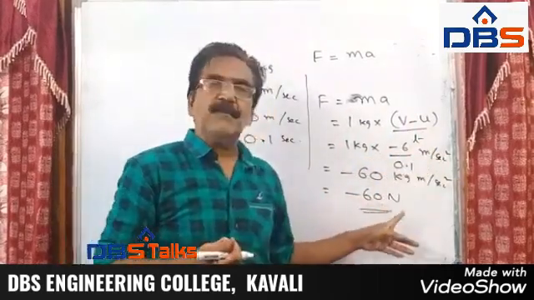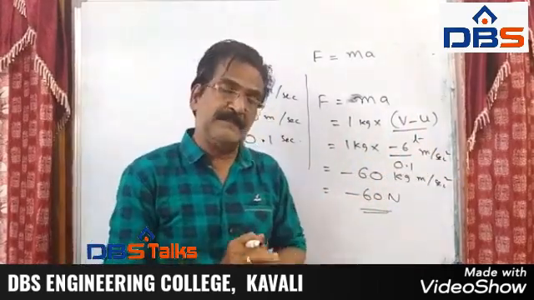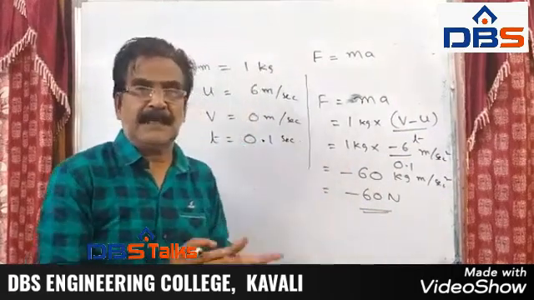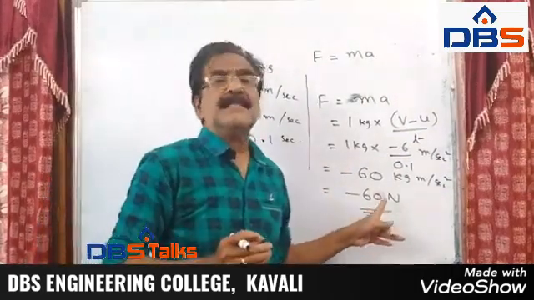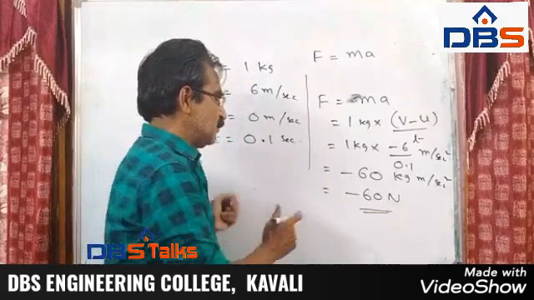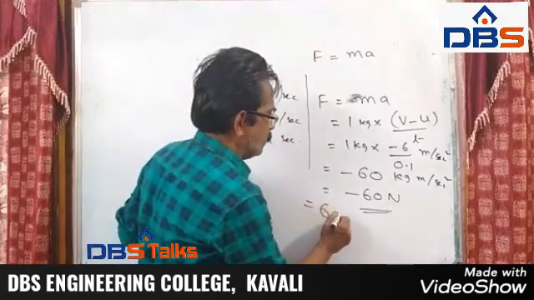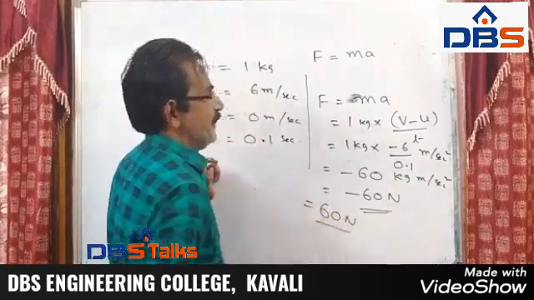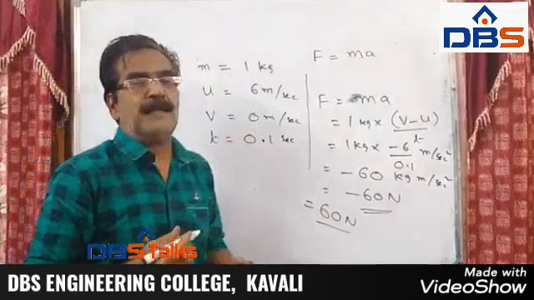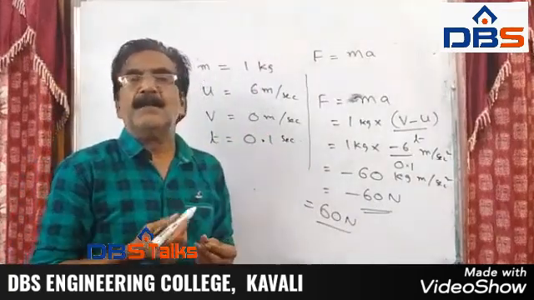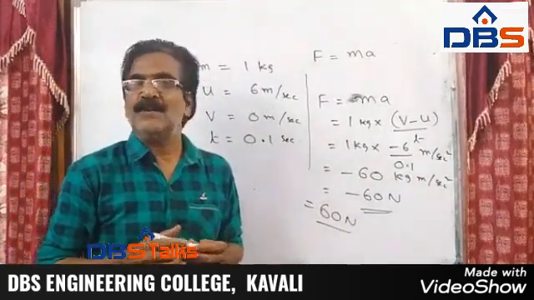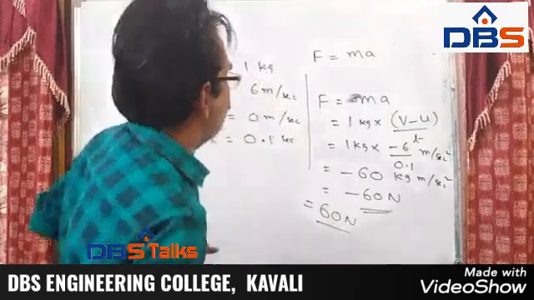So how much force does the wall, the obstacle, have to apply? 60 newtons of force must be there to stop the hammer or bring it to rest. Okay, friends. Let us see one more problem.